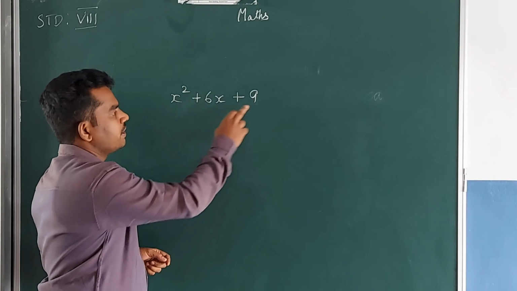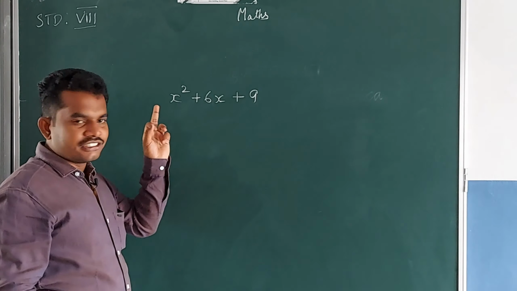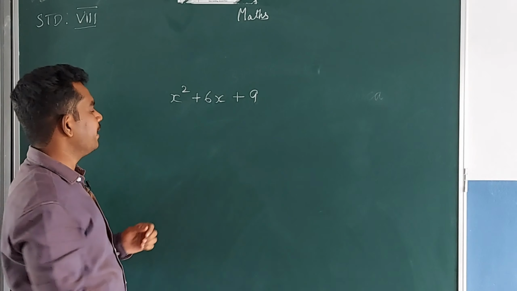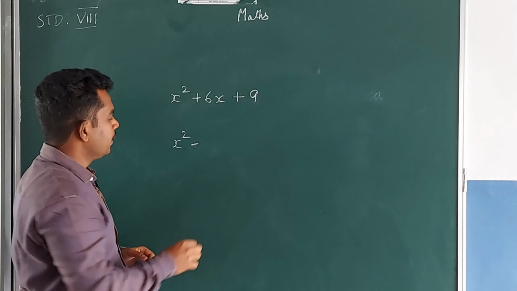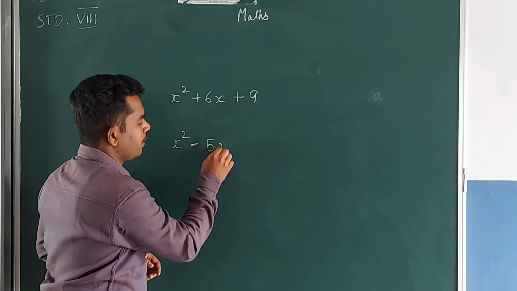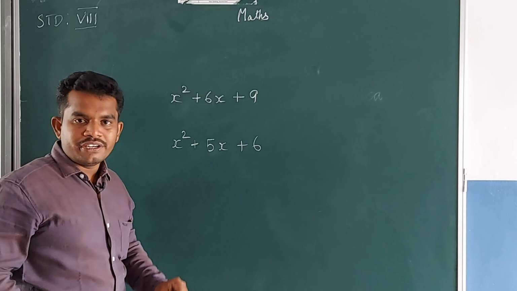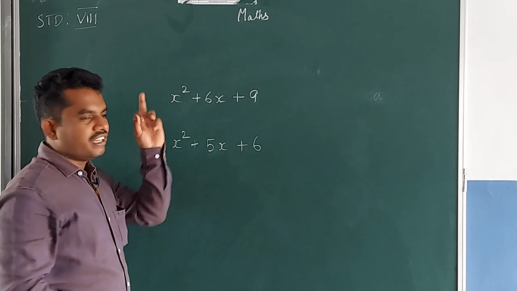I told you, the last number and the first number you observe; if it is a square number, you go to the identity. For example, x square plus 5x plus 6. 6 is not a square number, then you go to another method.